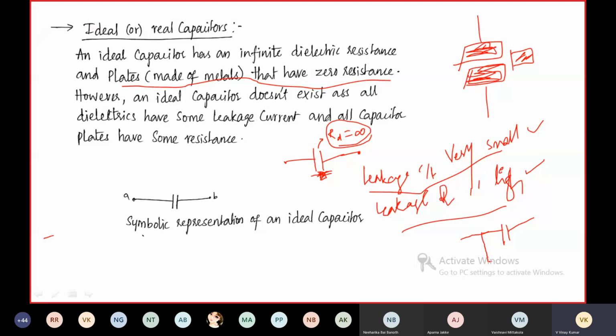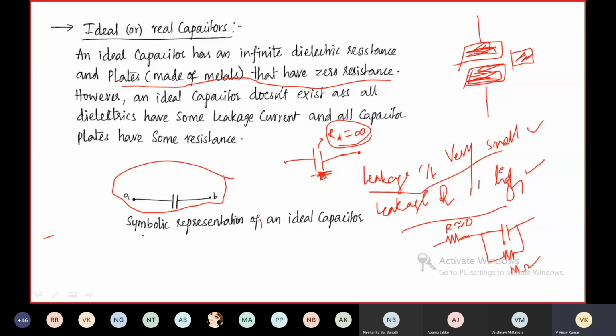The leakage resistance can be represented by connecting a resistance across the capacitor. This is the leakage resistance of the dielectric medium, which is very high, in megaohms. The resistance of the plates can be represented by a resistor connected in series with the capacitor. This is very small, almost equal to 0. So this is the representation of the practical capacitor, whereas the other is the representation of the ideal capacitor.